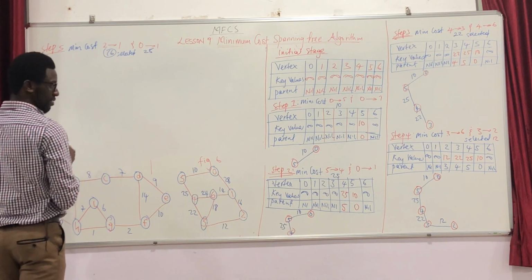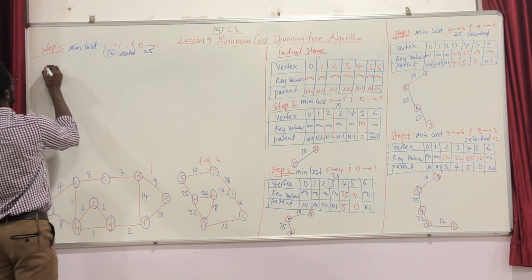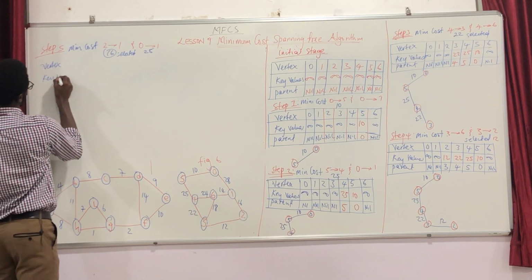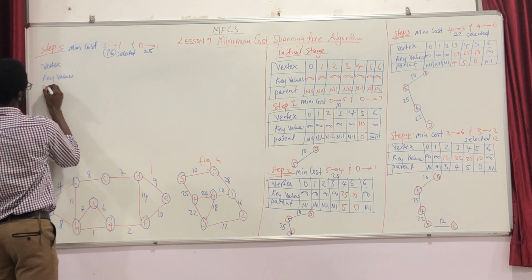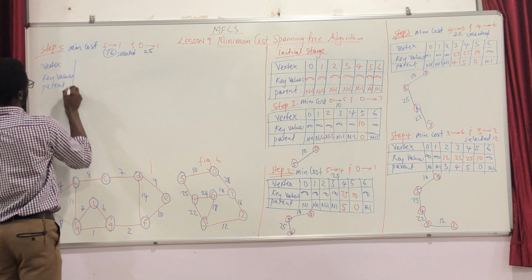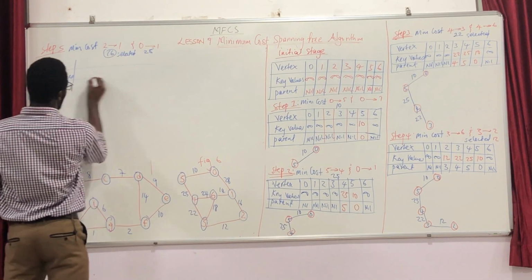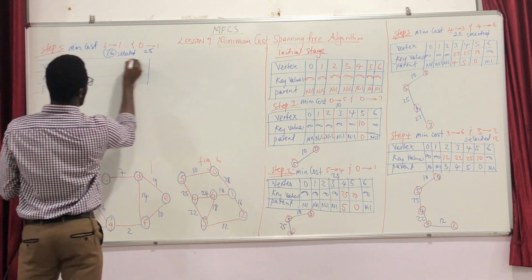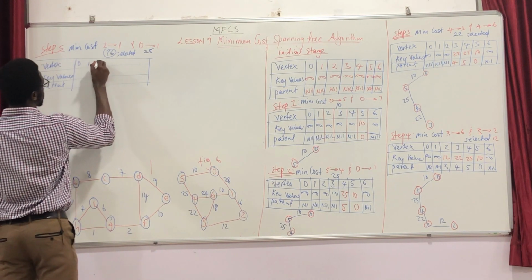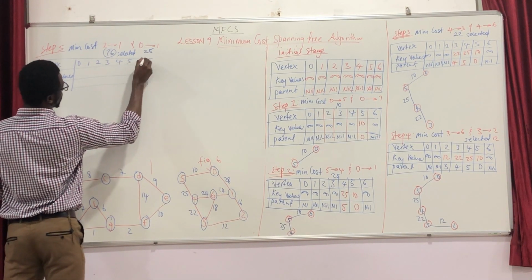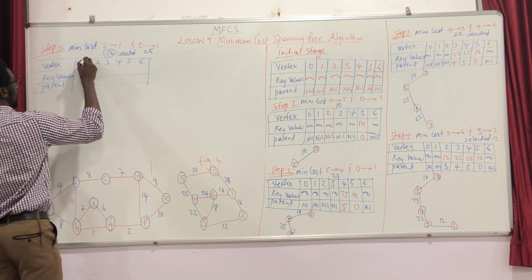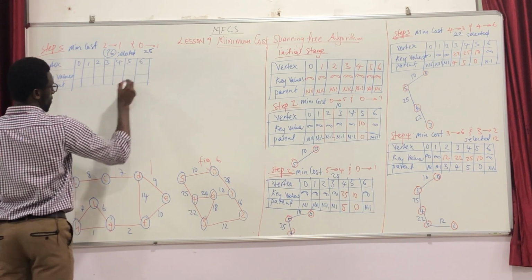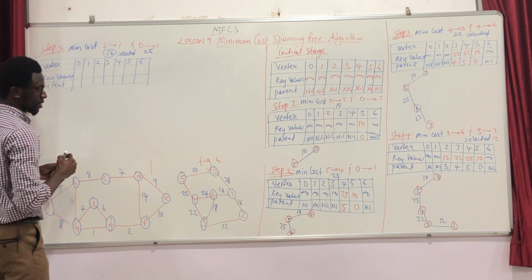Now we'll do our table here. Say vertex, key values, and parents. 0, 1, 2, 3, 4, 5, and 6. Okay.